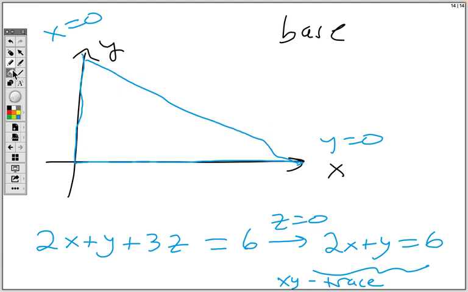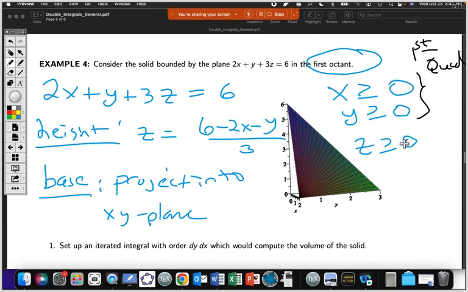That's totally not right. Hold on. So 2x plus y is 6. And if we want the z to be bigger than 0, I would have this bigger than or equal to 0.